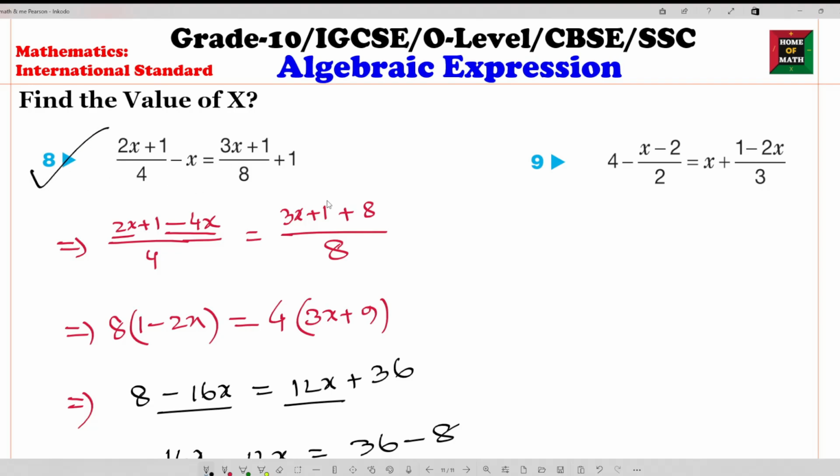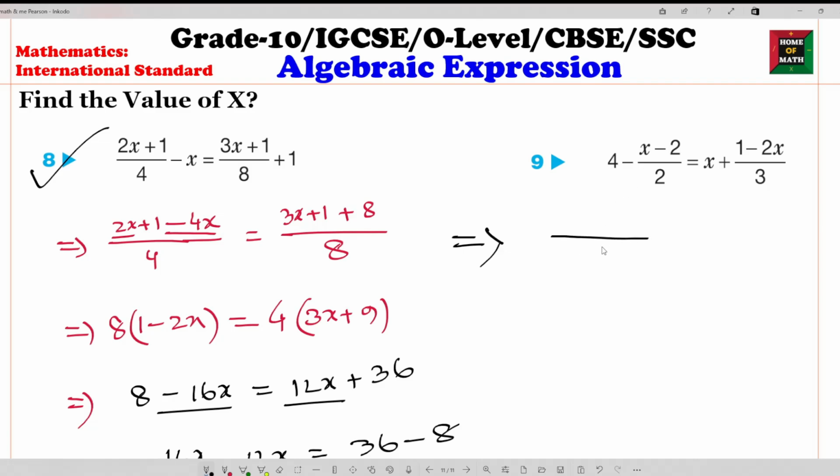So number 8 is done, and this video's last math is 4 minus (x minus 2) divided by 2 equals (x plus 1) minus 2x divided by 3. So this one we can write like this. We can do one thing, we can exchange x, or we can do from here.